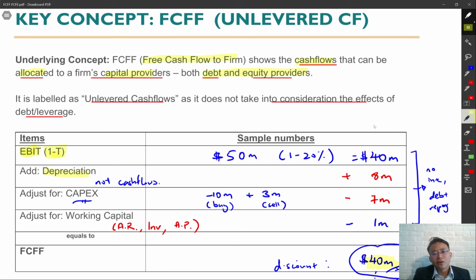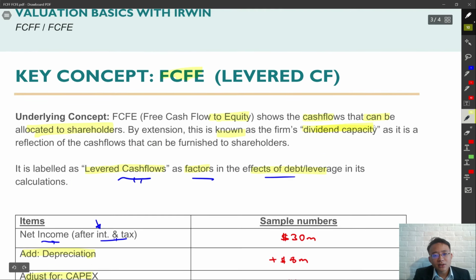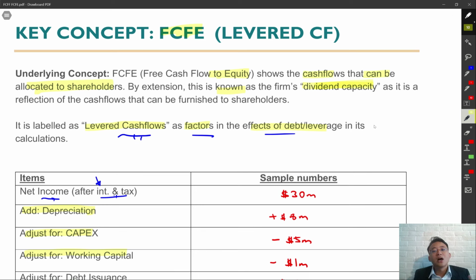Whereas FCFE, you would in your cash flows already pay off debt, already show the effects of debt. So while you're doing your calculations, debt is factored in. If you have already cared for debt, the final amount left, the pool of money left behind at the end of the day, is the amount of money that is given to shareholders only. It's allocated to shareholders only. That is the key difference.